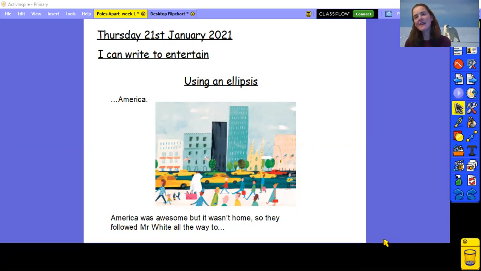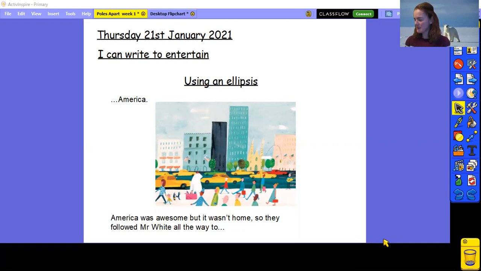So you could see that when I read out the story, I didn't actually read out the ellipsis. I just had a prolonged pause in my reading. Now, sometimes when children read stories with an ellipsis in, they like to use some sound effects. So this is how you might sometimes hear it read.